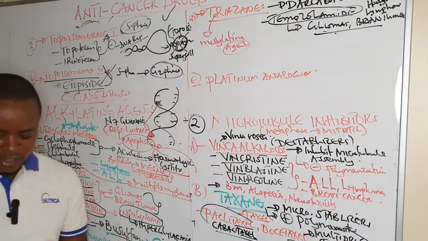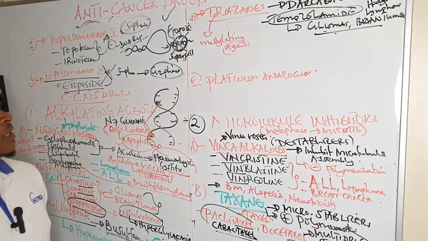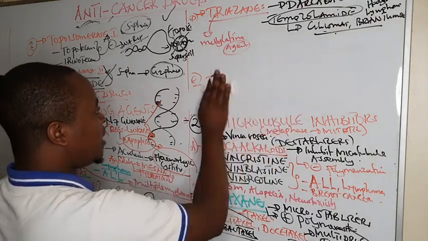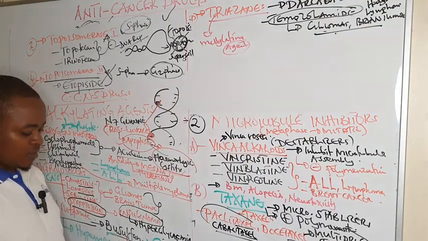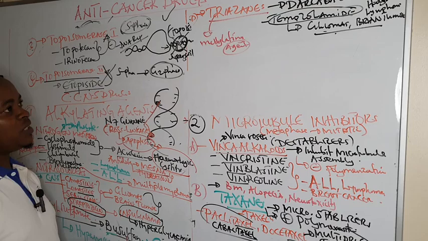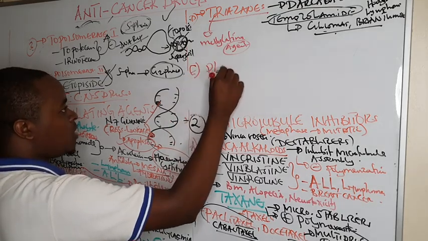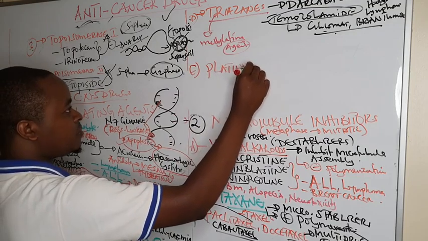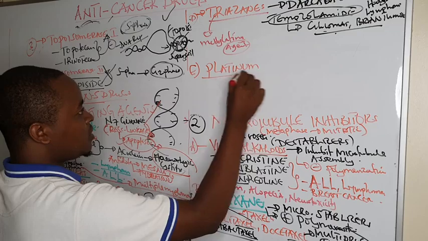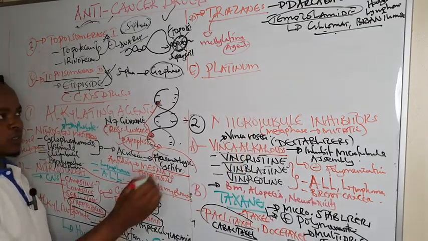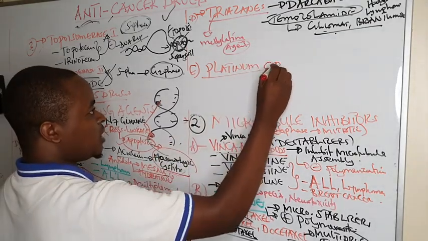So the last category in our discussion under the alkylating agents is platinum analogs, and there is a reason why we have put it last: this is not a true alkylating agent. These platinum compounds are not true alkylating agents.